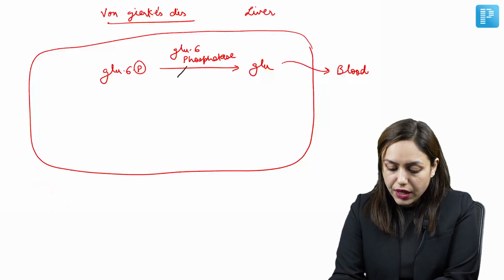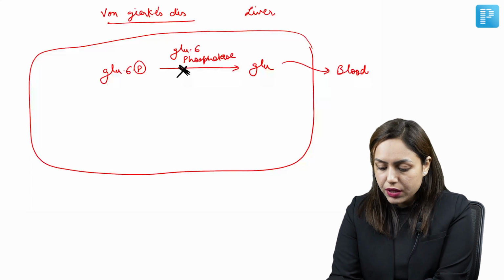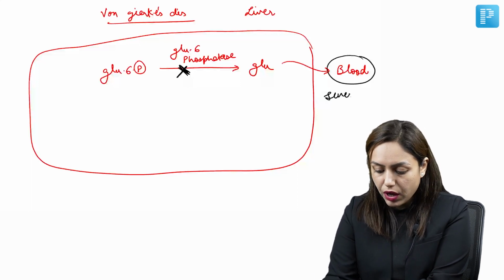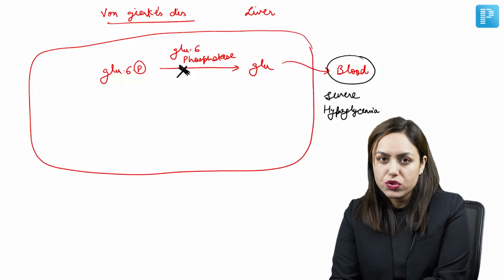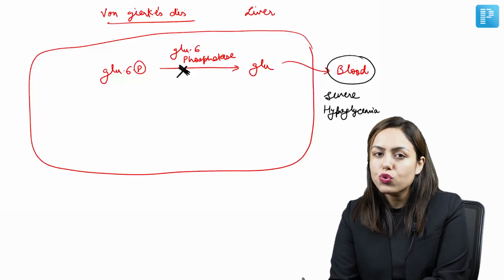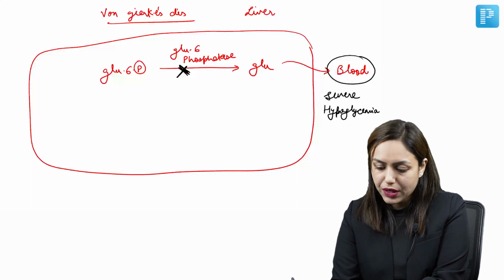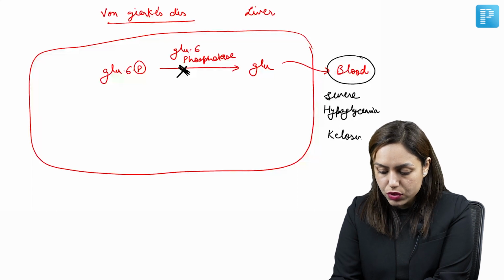Now, when this enzyme is absent in Von Gierke disease, what will happen? This blood glucose is not released. So patients have severe hypoglycemia, because gluconeogenesis also cannot occur and glycogenolysis also cannot occur, right? So severe hypoglycemia and ketosis.